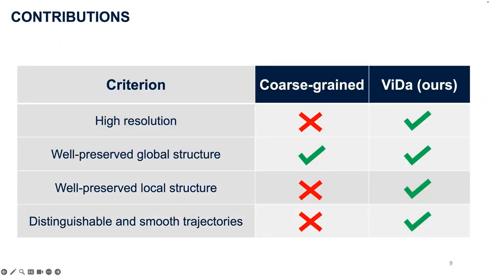Keeping these questions in mind, we propose ViDa, a new framework which integrates deep graph embeddings with biophysics-informed features to visualize the reactions. Our method can create the fine-grained low-dimensional secondary structure state space with high resolution, and ViDa can also preserve good global and local structure, and the visualized trajectories are smooth and distinguishable, which could improve the interpretation of reaction mechanisms, and I will show the results later.